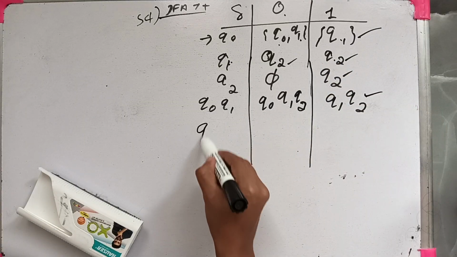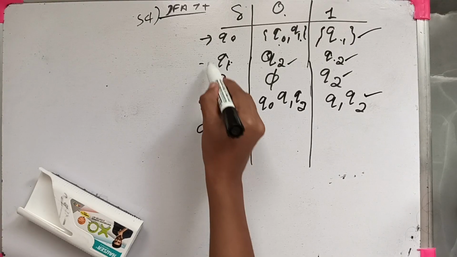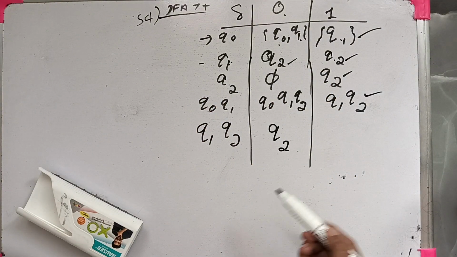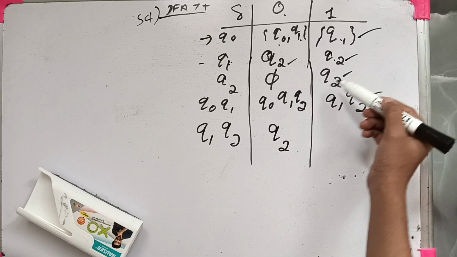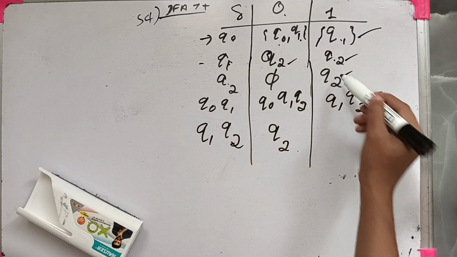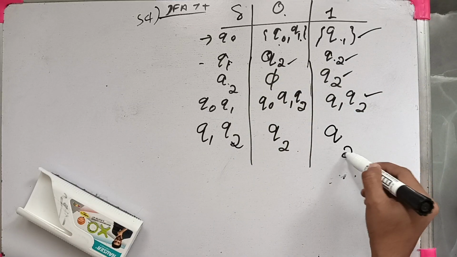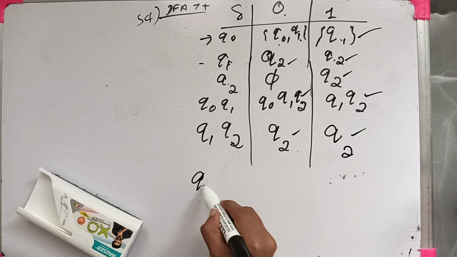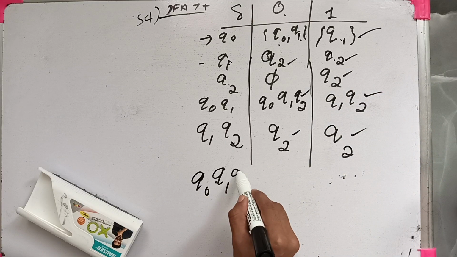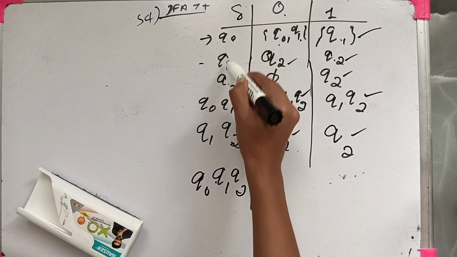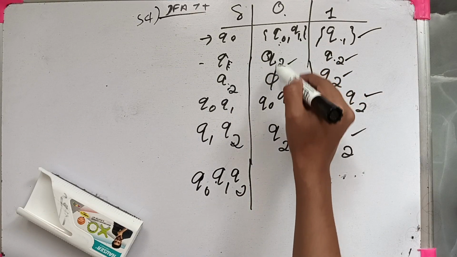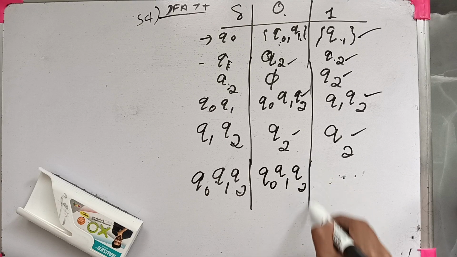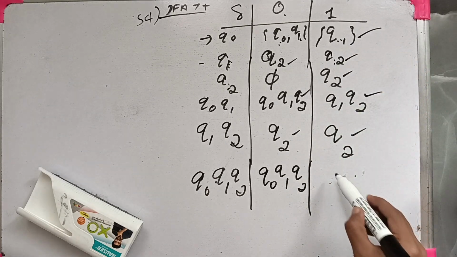write this Q1 and Q2. For Q1 and Q2, if 0 comes, then it goes to Q2. And if 1 comes, then it goes to Q2 only. This is done, the remaining is this one, Q0, Q1, Q2. Okay, for Q0, Q1, Q2, if 0 comes, Q0, Q1, Q2 again. Next, what if 1 comes? Q1 and Q2.